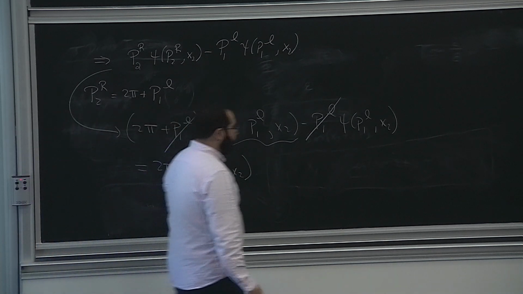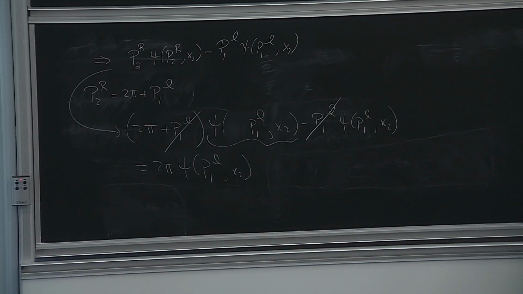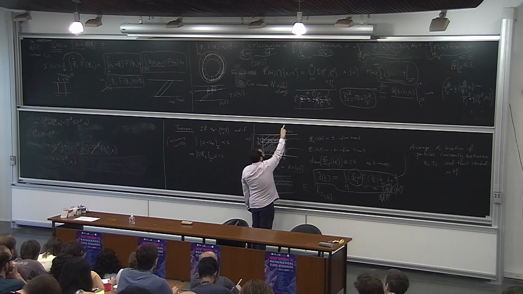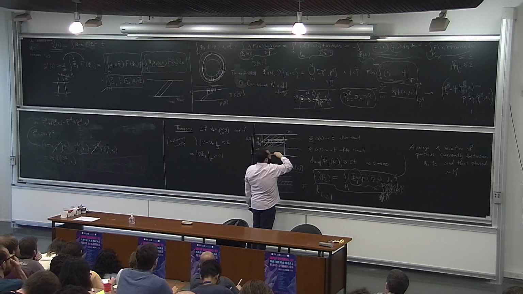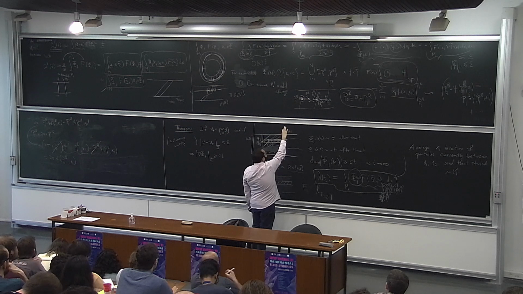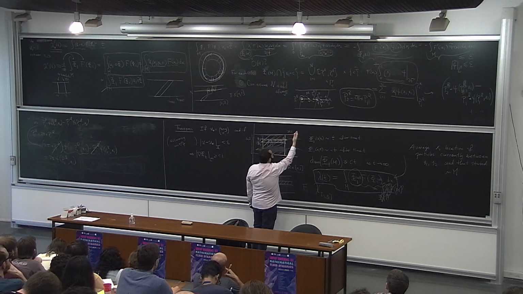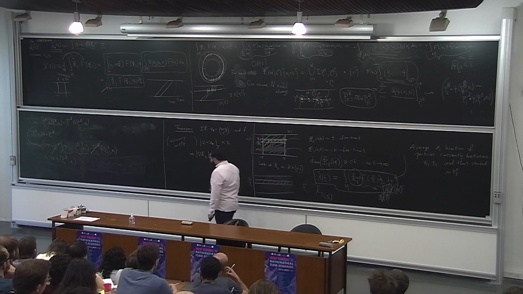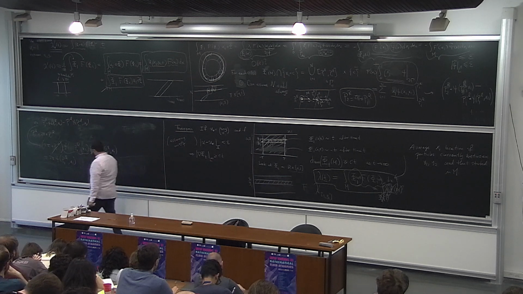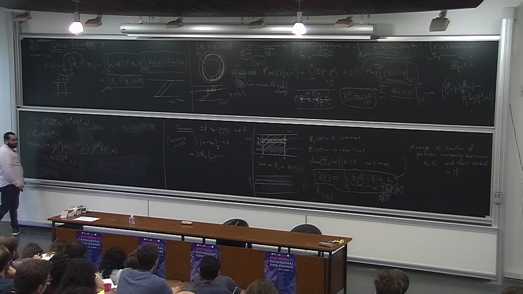So the x1 is gone because of this plus minus business. And there's another minus business because all of the others are also opposite, right? So the P1L comes with P1R in the opposite sign. So in the end, maybe I just make it an exercise.